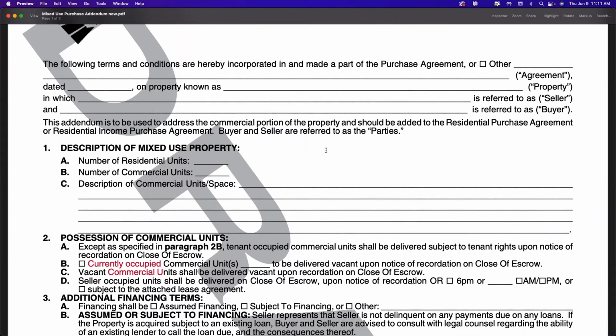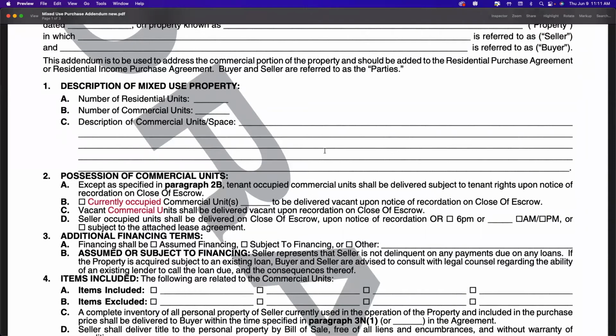When we were writing offers on mixed use, we were using residential income or we were using commercial, and they both didn't fit 100% for the property, because 50% of it, or 75% of it, was commercial and 25% was residential, or vice versa. And we didn't have that clarity in the offer because it wasn't addressing that other part. It was either addressing only the residential income, the couple of residential units that existed, but not really the commercial side of things. So this is going to clarify that.